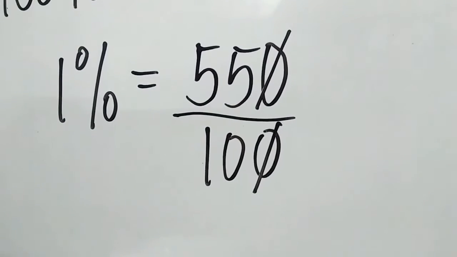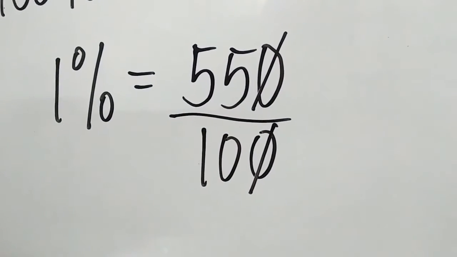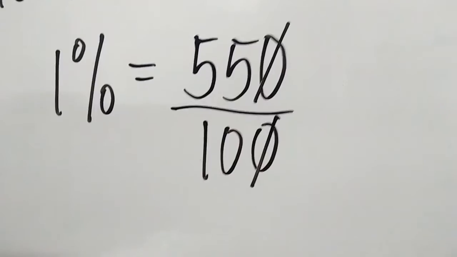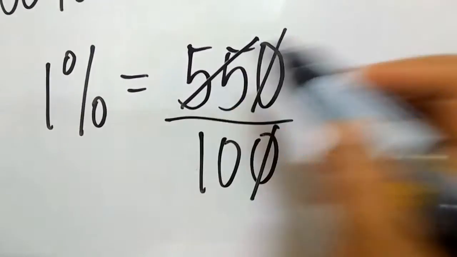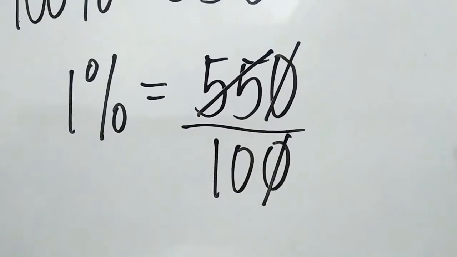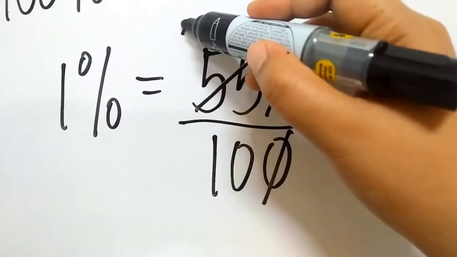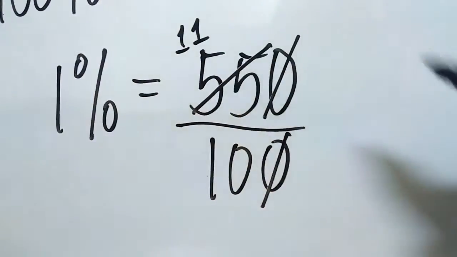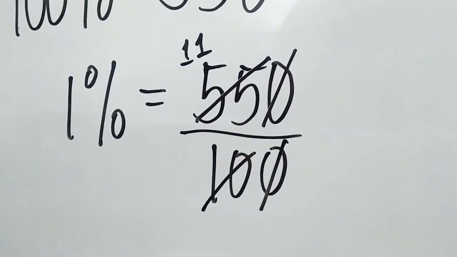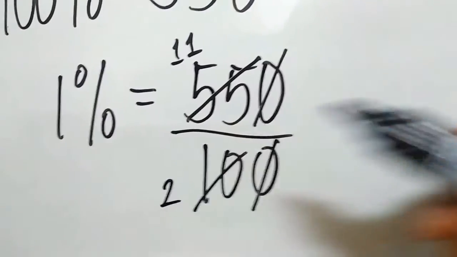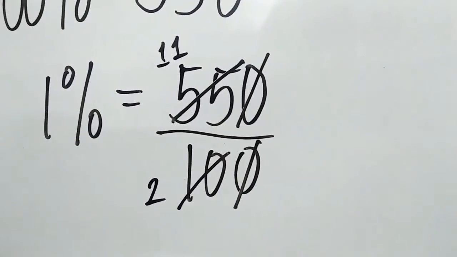What number are we going to divide by these numbers? Very good. Divide by 5. 55 divided by 5 is 11. 10 divided by 5 is 2.